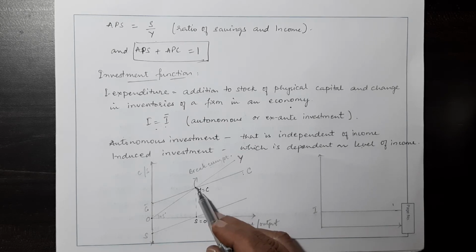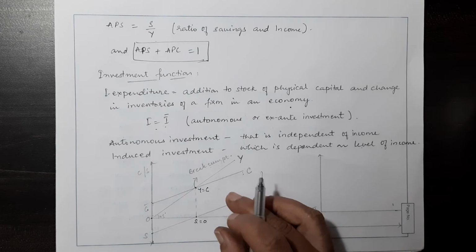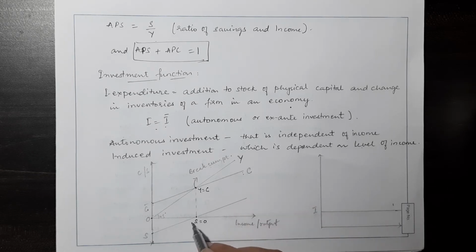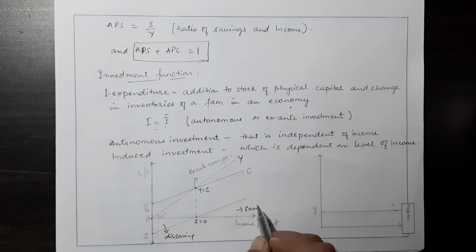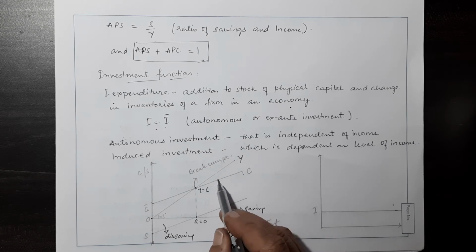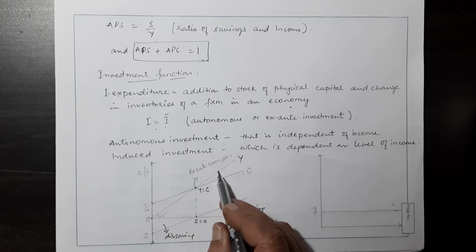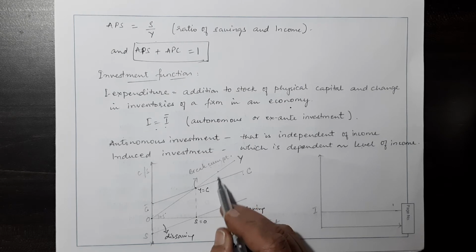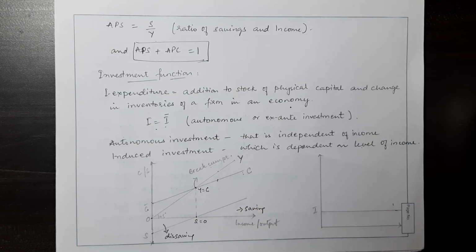So at the break-even point, we note that income is equal to consumption and savings is equal to 0. So these 2 points are very, very important. Then the savings curve moves up. This is called dis-saving, and here we will have saving, right? Because at this point consumption is lesser than income.